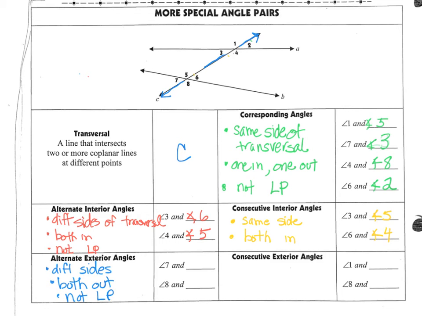So when we go to look at angle 7, its alternate exterior angle is angle 2. And if we look at angle 8, its alternate exterior angle is angle 1.